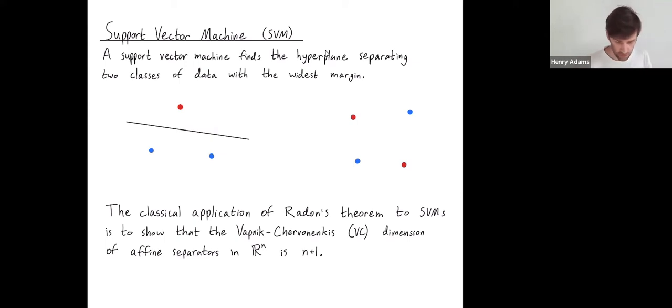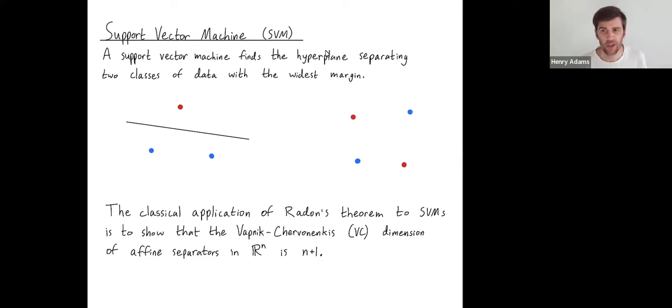So we're looking for affine separators as our classifiers. And in n-dimensional space, the VC dimension of an affine separator is n+1. You can find a set of n+1 points that your classifier will shatter, it's called, recover the labels no matter how you label them. But you can't do this for n+2 points.